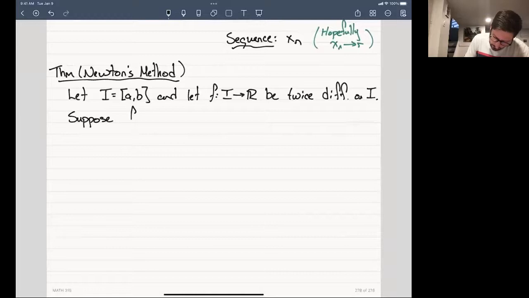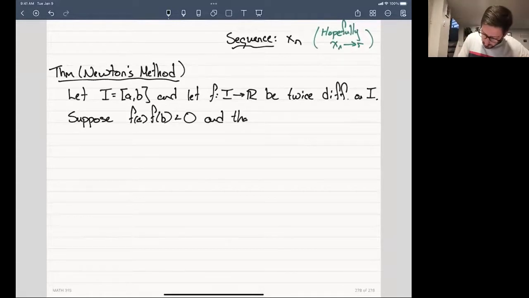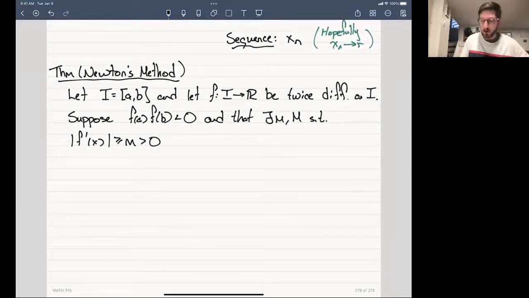Let's suppose further. So suppose f of a times f of b is less than 0. That means that they have different signs. One is above 0, one is below 0. And since this thing is continuous, the intermediate value theorem tells us there has to be a root. But before that, let's assume that there exist little m and capital M such that, well, the absolute value of the derivative of f is bounded below by m, which is a positive number.